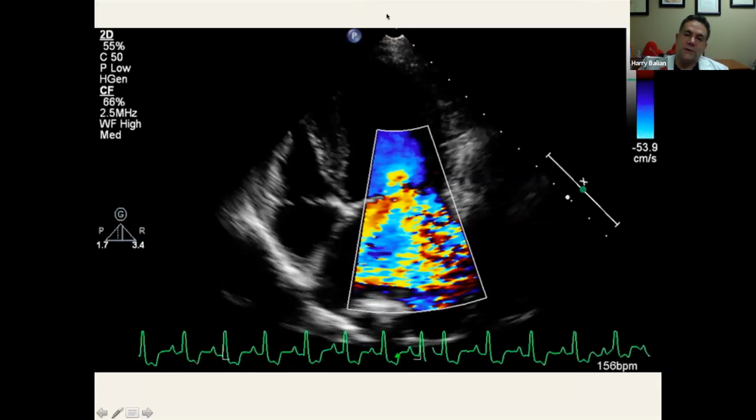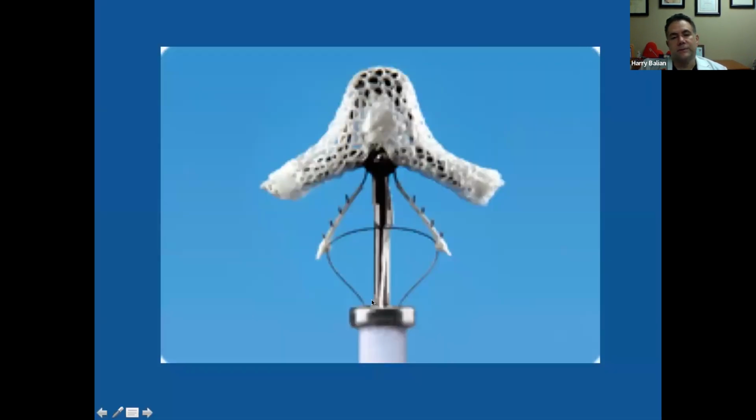So this is a transthoracic echo. You see the LV here, and in the left atrium you have a severe MR with a jet hitting all the way to the back wall of the left atrium. This is the clip as I showed you earlier, and these are the grippers. Once we advance the clip across the mitral valve, we open the wings of the clip, and then we drop the grippers, and this sandwiches the valve leaflets. Then we close the clip and assess the mitral valve gradient.